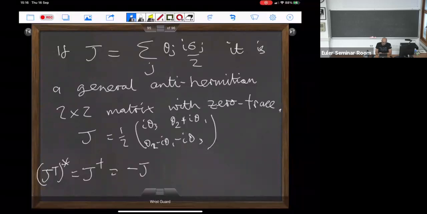And we see that the Hermitian conjugate J dagger is equal to minus J, and that the trace of J is 0. So any anti-Hermitian traceless 2 by 2 matrix can be written in this way.